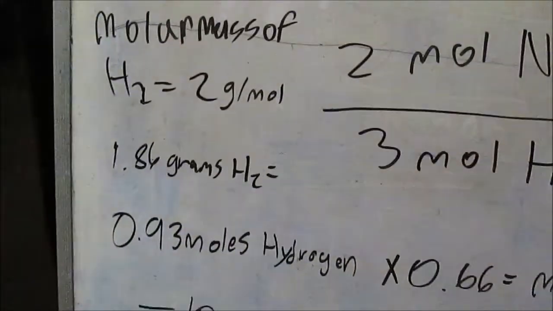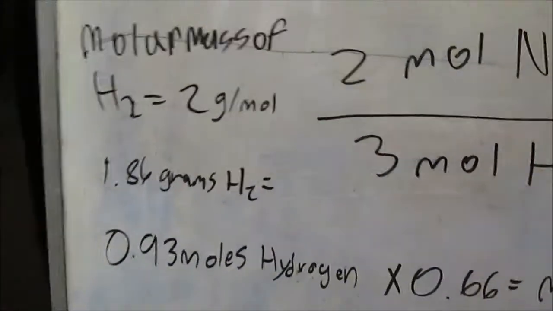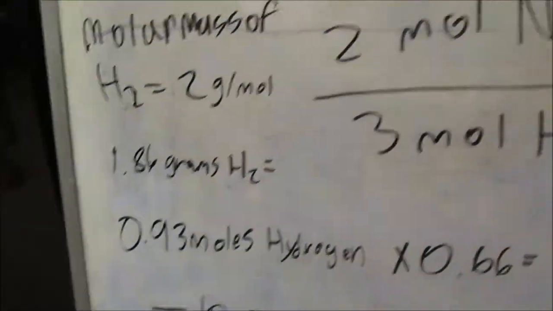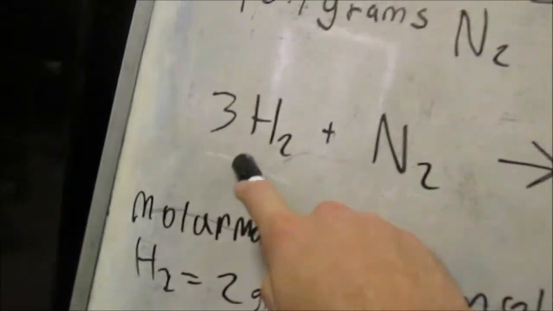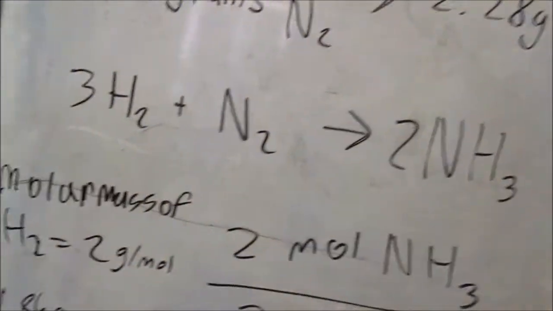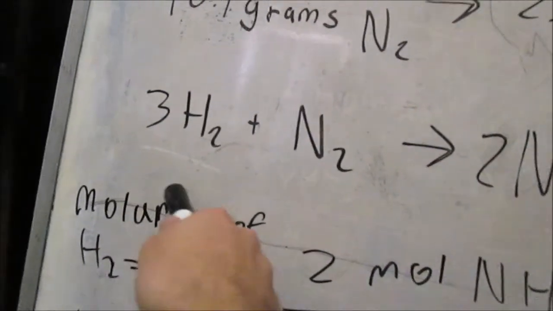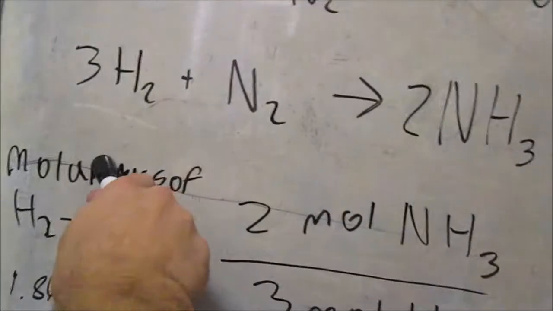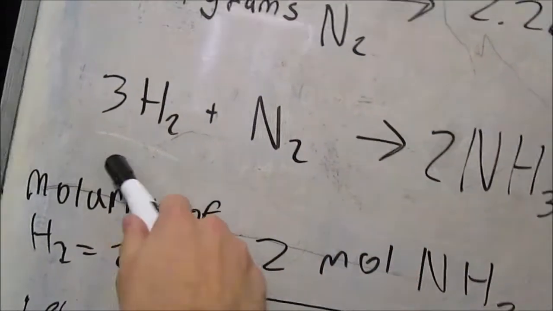So we know how many moles of hydrogen we have, but given how many moles of hydrogen, how many moles, and therefore how many grams, of ammonia can we make? Well, we know that for every 3 moles of hydrogen, we're going to make 2 moles of ammonia. So that's a pretty good ratio. So 2 divided by 3, because for every 2 of this, we need 3 of this.